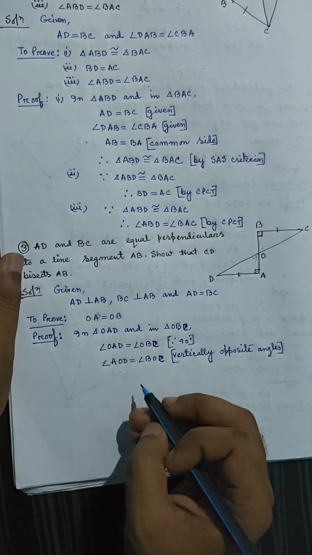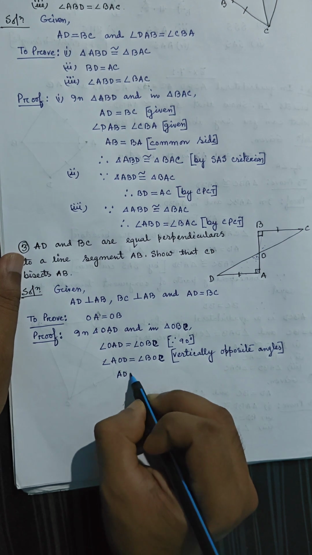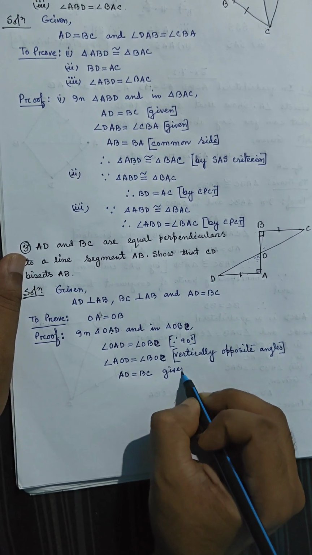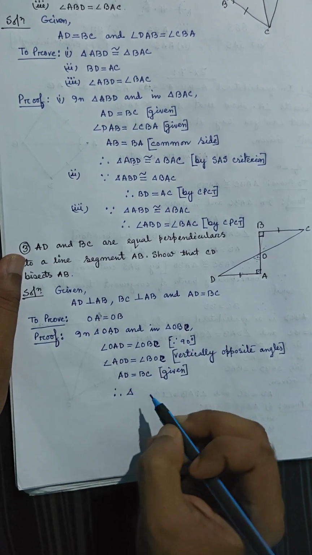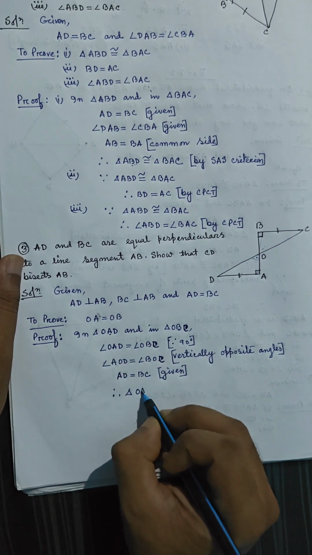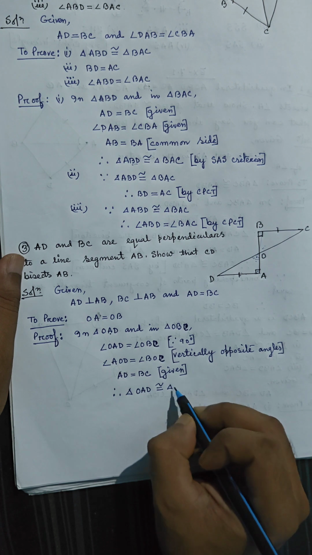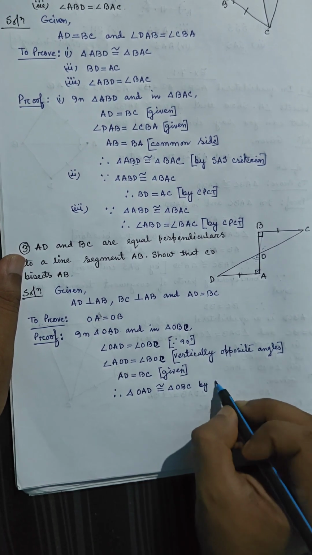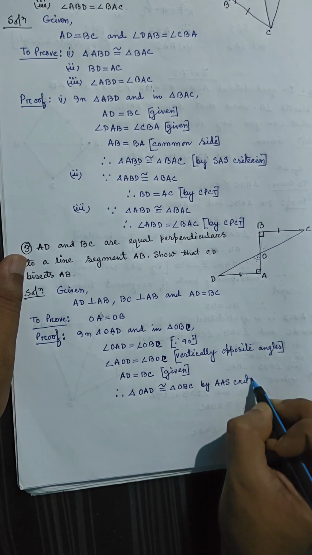Now AD equal to BC, second and last, AD equal to BC, given, this is given, that's it. Therefore triangle OAD is congruent to triangle OBC by AAS criterion.